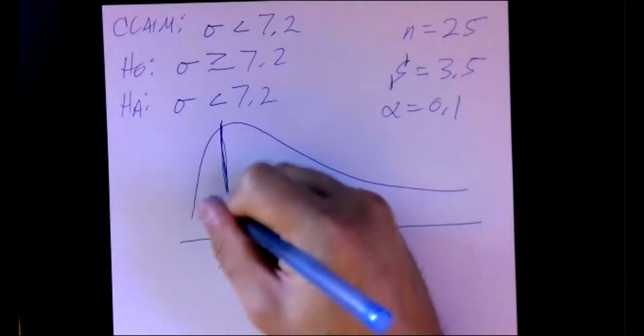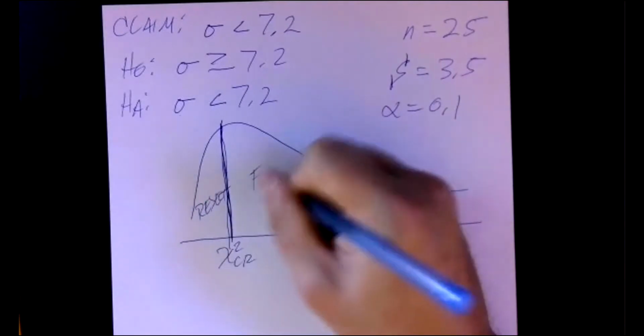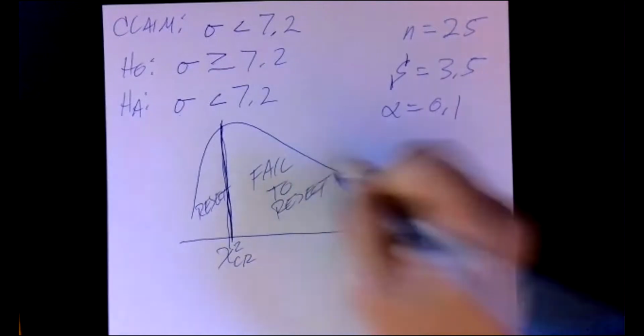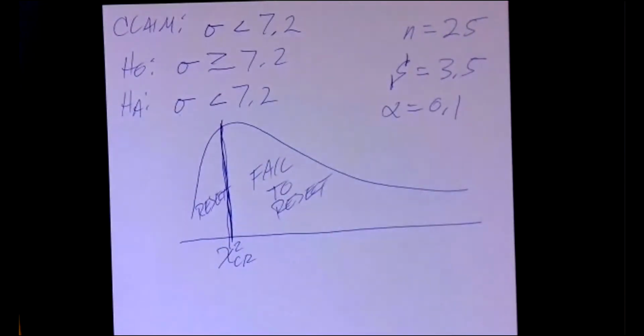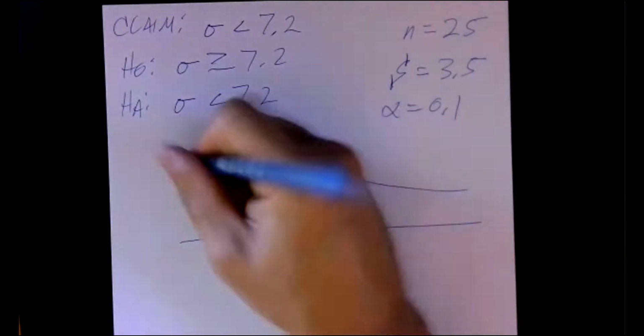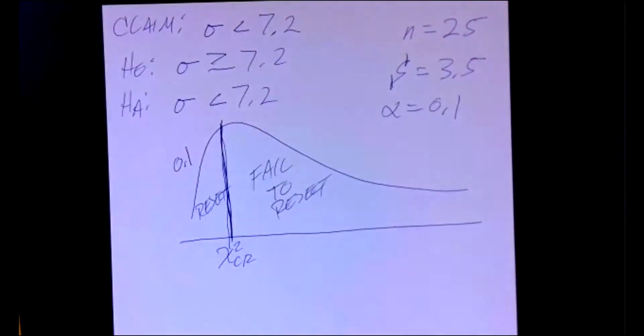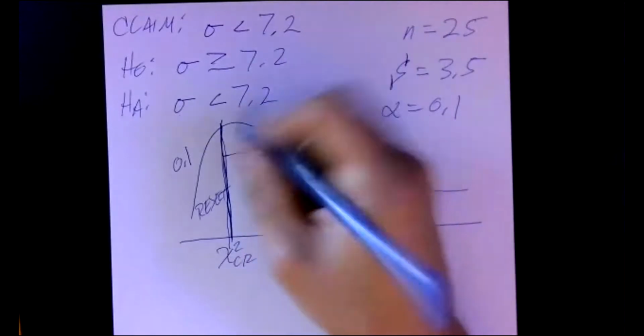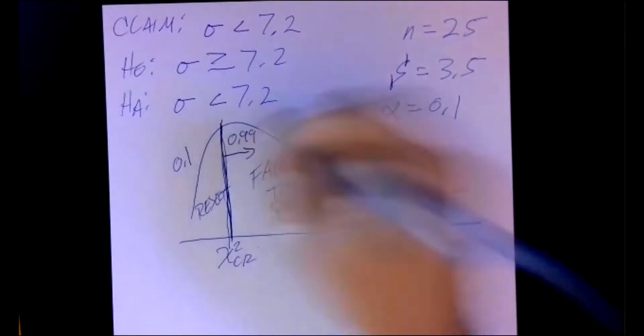So this is reject. This is fail to reject on the right. Okay, the alpha value is 0.1, but chi-squared distribution needs area to the right. So the area to the right is 0.99.